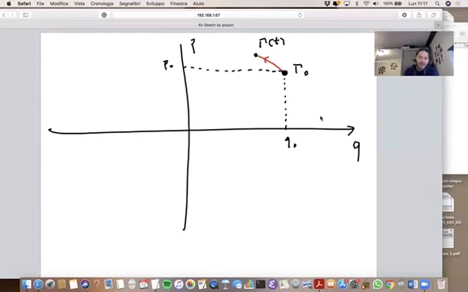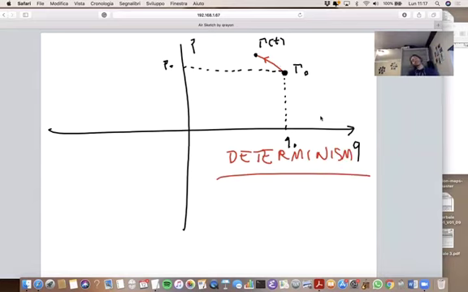This principle of being able to determine with arbitrary accuracy, given arbitrary accuracy on the initial configuration, the final position and momentum of the system is called determinism. Classical mechanics is in principle deterministic.